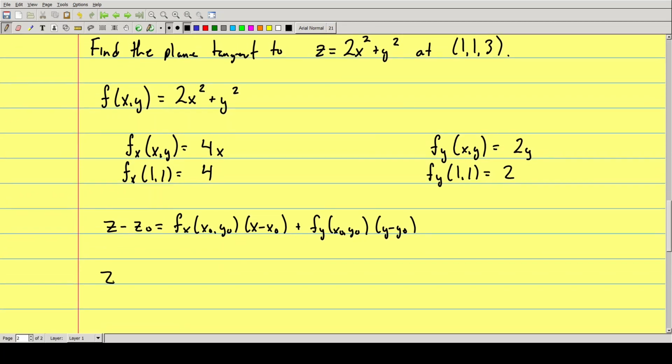And having written this down, we can plug everything in here.